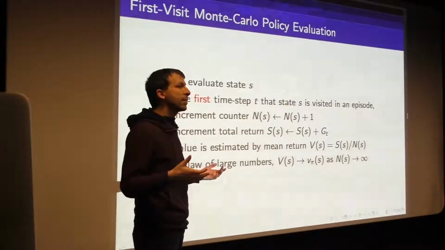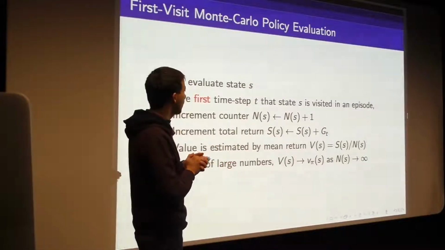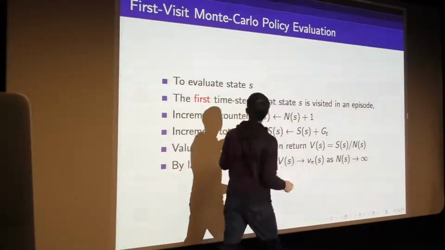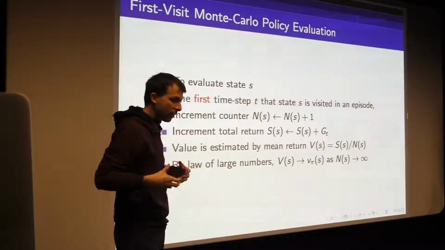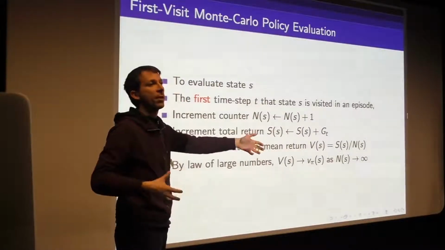The only requirement is that we somehow visit all of these states, and we do that by just sampling along our policy itself. We generate trajectories along our policy again and again, look at the returns from the first time we visit a state onwards, and average over those returns.